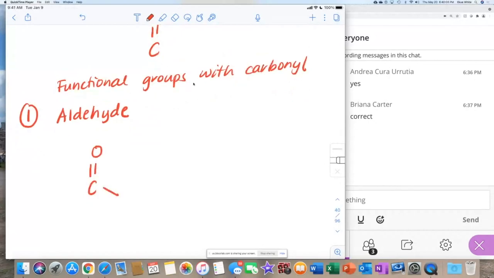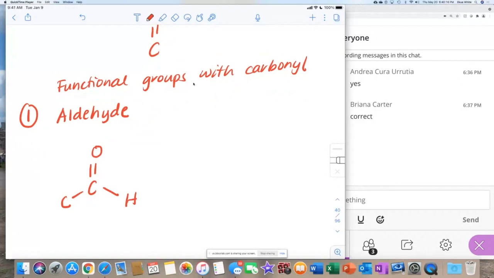On one side, it has a hydrogen. On the other side, it has the rest of the molecule. So on the other side it is attached to a carbon, and the carbon can be one carbon or many of them, but essentially, when you have this combination attached to another carbon, or just this combination, that is the aldehyde.